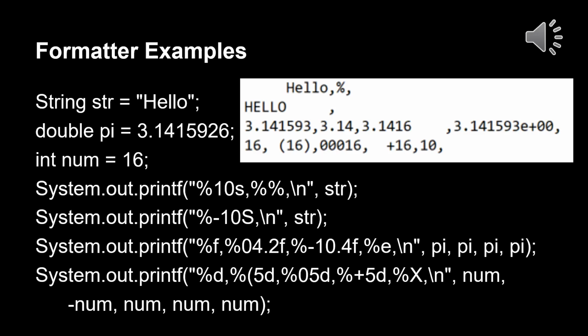So basically just put parentheses around negative numbers. %05d is in a field width of 5 with leading zeros, print out the number. And then %+5d, then print out the sign in a field width of 5. And %x is print out the number in hexadecimal. So 16 in hex would actually be hexadecimal 10. And so that's how we end up with the fourth line of output.